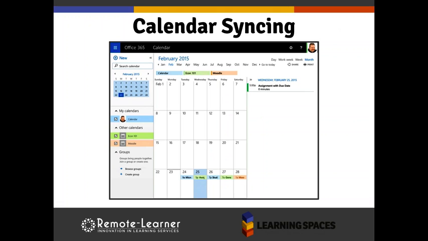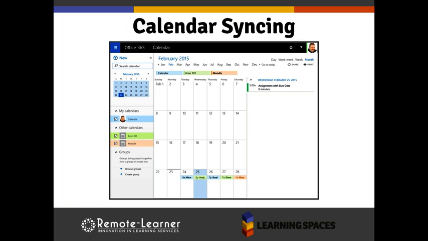Once the user is logged in, we did talk briefly about the calendar syncing function. So as you can see, we have a sample Moodle calendar up, or we have a sample Office 365 calendar up. And inside this calendar, anytime something's added to a course calendar or a site calendar, maybe we are having Moodle maintenance, so maybe we might want to add that Moodle maintenance rather than an announcement to the site calendar.